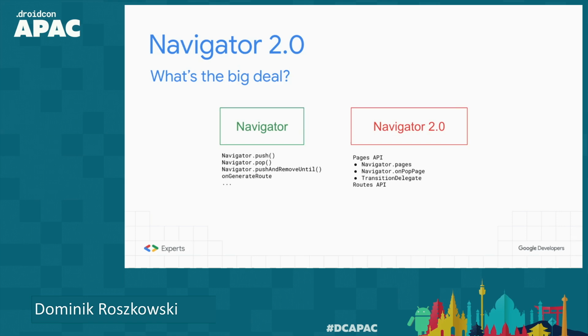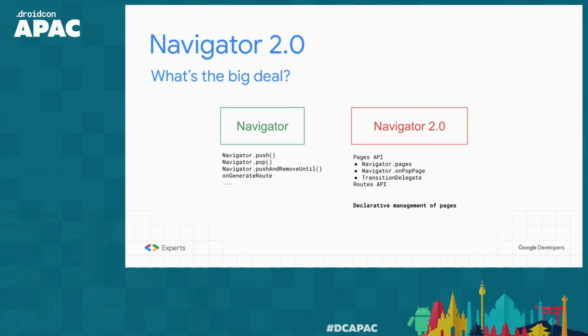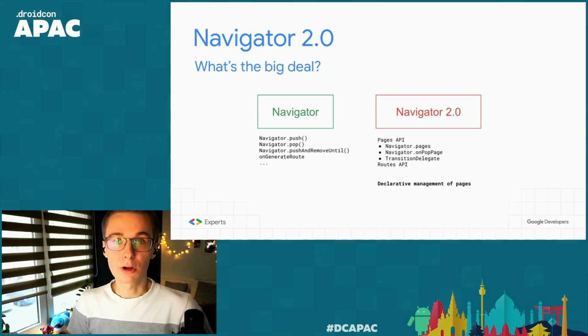It should be better scalable, and it should allow for more flexibility and also allow some package maintainers to create new, more complex navigation patterns. So in essence, we're going to talk about the declarative management of pages. It's not as declarative as we would like it to be, but we're going to go through some of the disadvantages in a few minutes.